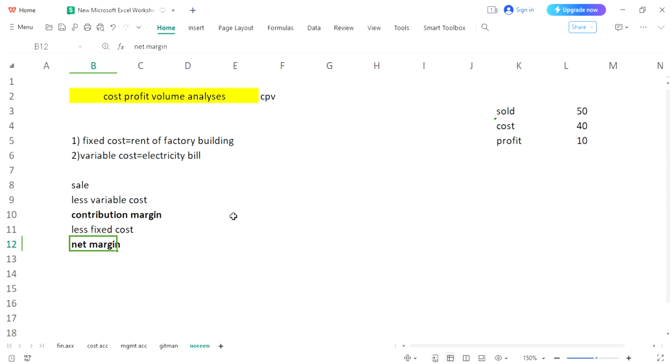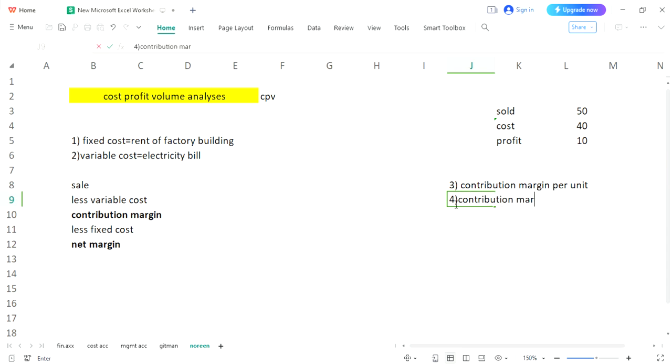Further, we will be discussing the same thing, but with a different aspect. Our next, third heading, which we will be learning: contribution margin, but per unit. And then simple contribution margin would also be discussed, and contribution margin ratio we will be discussing.